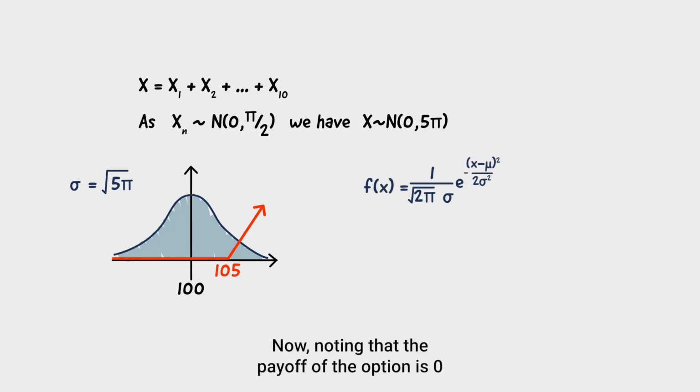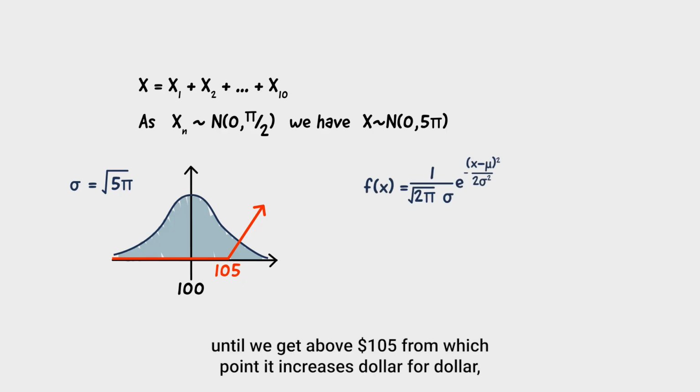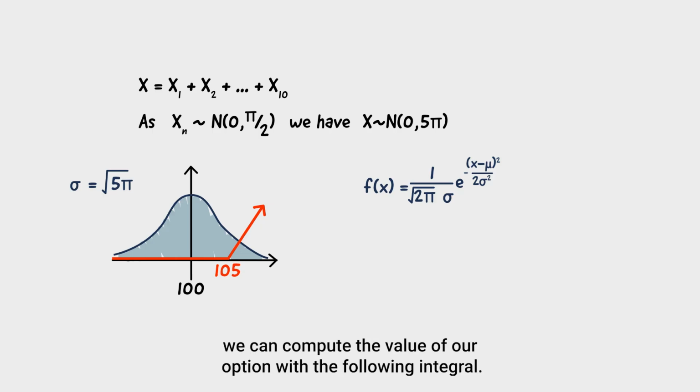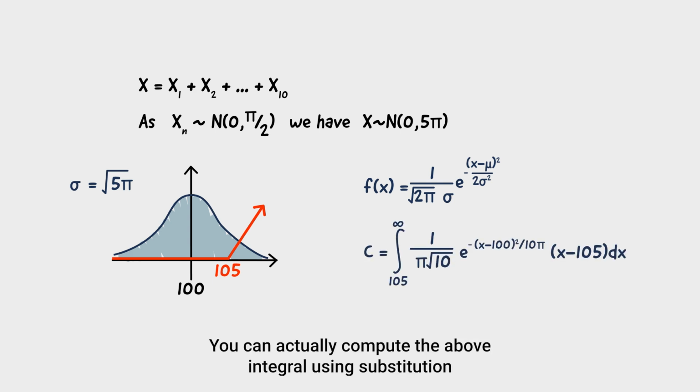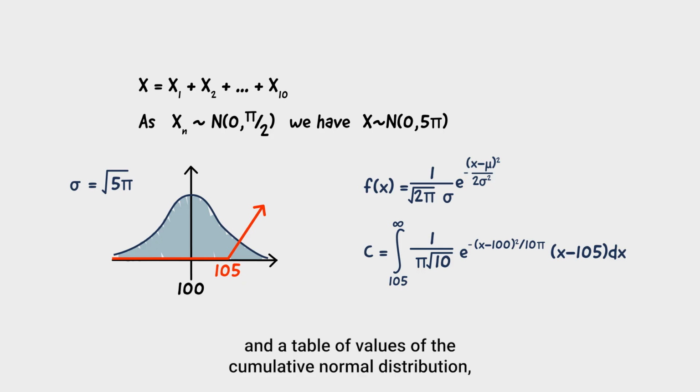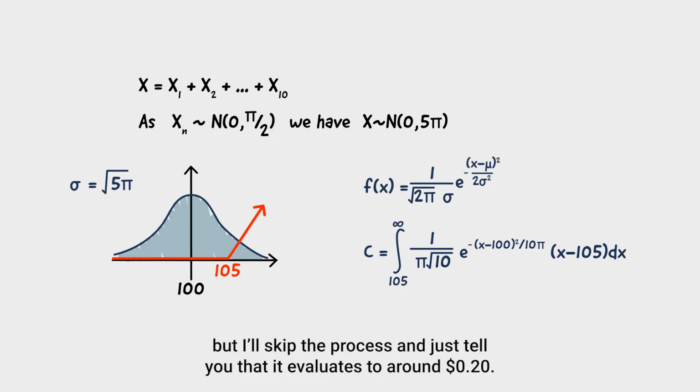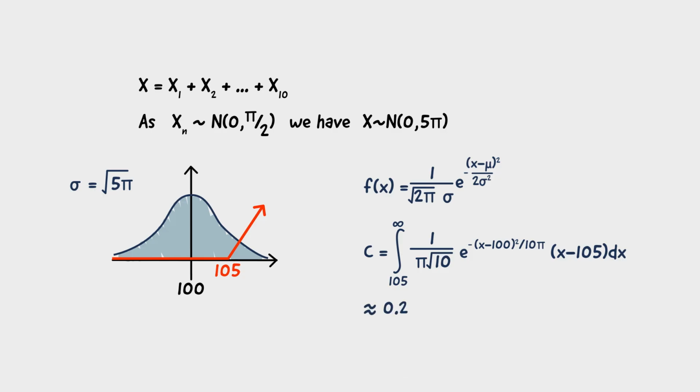Now, noting that the payoff of the option is 0 until we get above 105, from which point it increases dollar for dollar, we can compute the value of our option with the following integral. You can actually compute the above integral using substitution and a table of values of the cumulative normal distribution, but I'll skip the process and just tell you that it evaluates to around 20 cents.